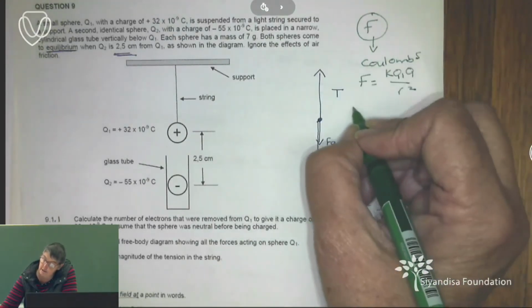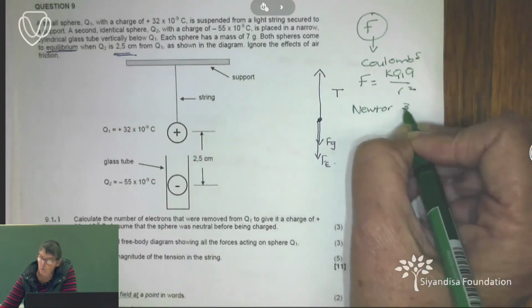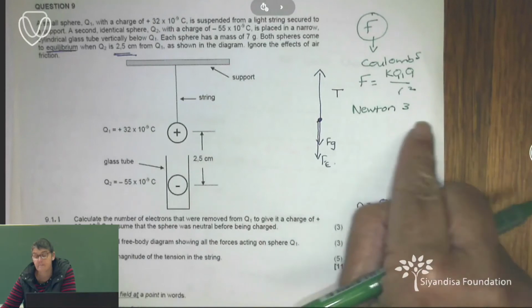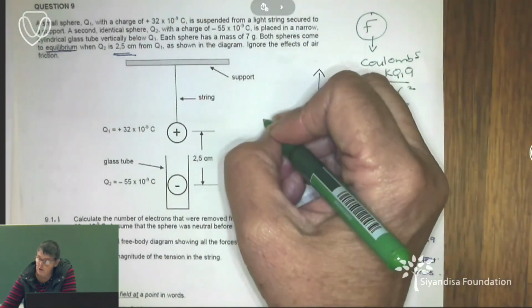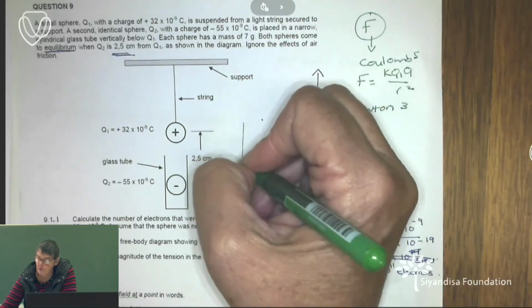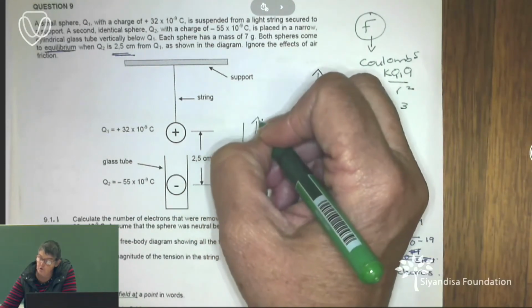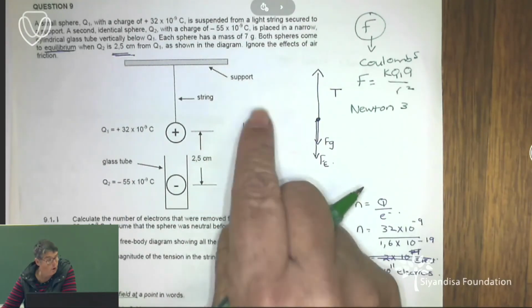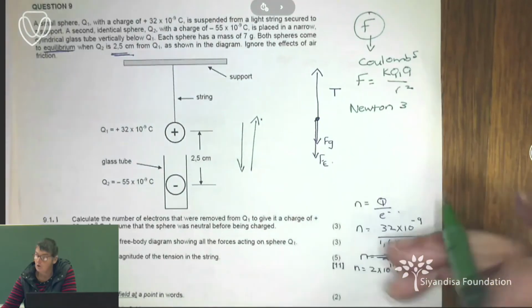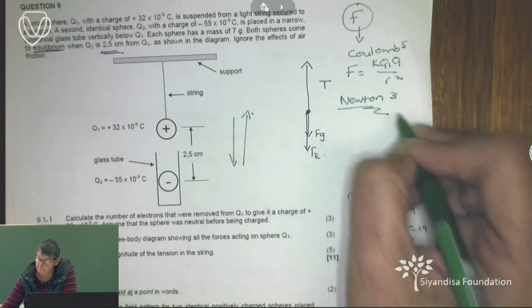Please also make sure here that Newton's third law also comes into play. Because remember, the force that Q1 exerts on Q2 is equal to the force that Q2 exerts on Q1, but it is in the opposite direction. So please make very sure that you remember your Newton's third law here.